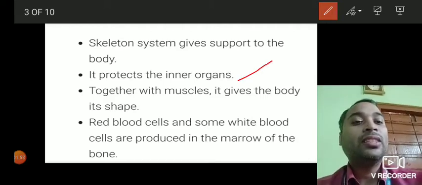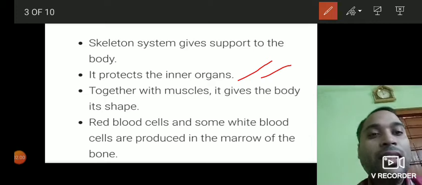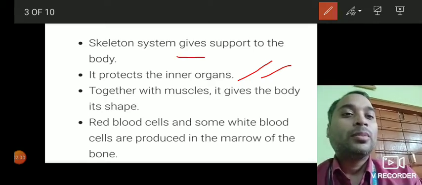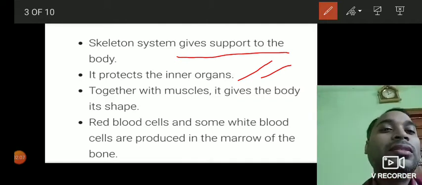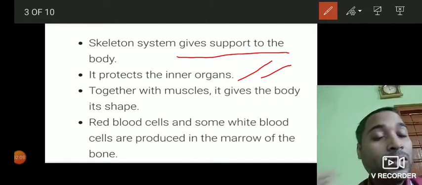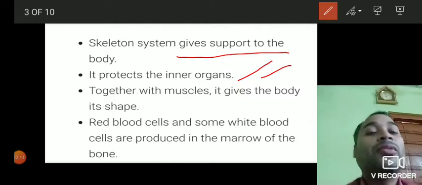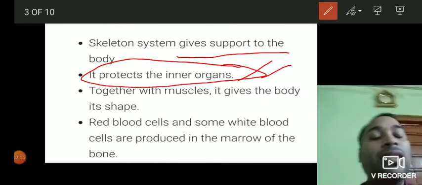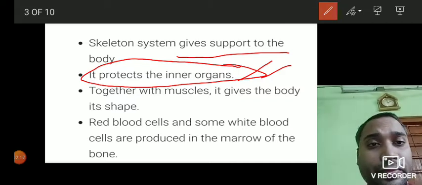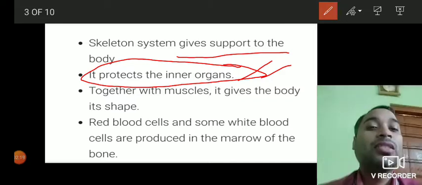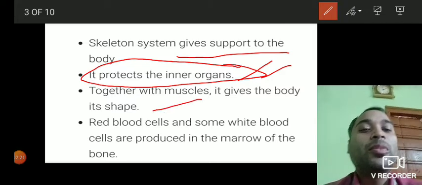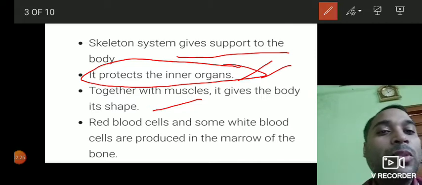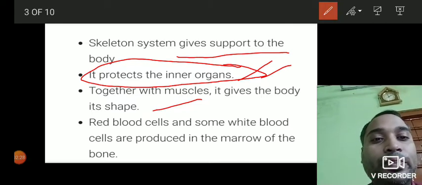We have discussed that it provides support, and apart from that it also protects the inner organs such as heart, lungs and brain. Together with muscles it gives the body proper shape. So the skeletal system is responsible for providing a proper shape to our body.